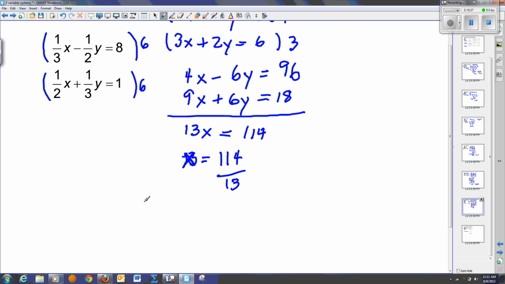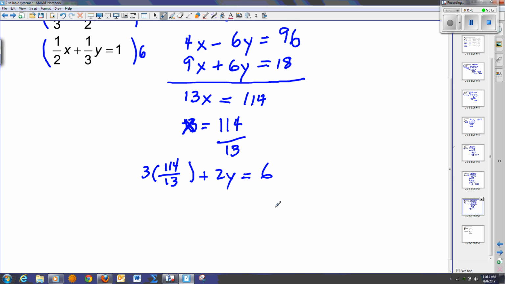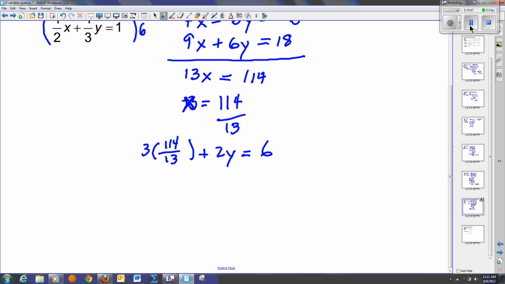So I'll say 3 times 114 over 13 plus 2y equals 6. And then we'll have to use some calculator intuition to get this thing done.